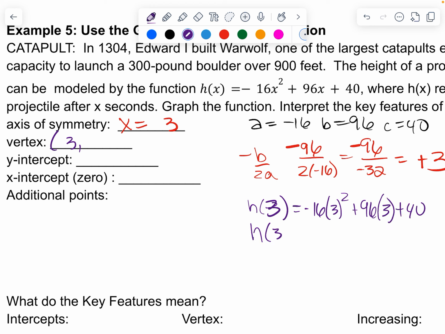So h of 3 equals -16 times 9 plus 288 plus 40.